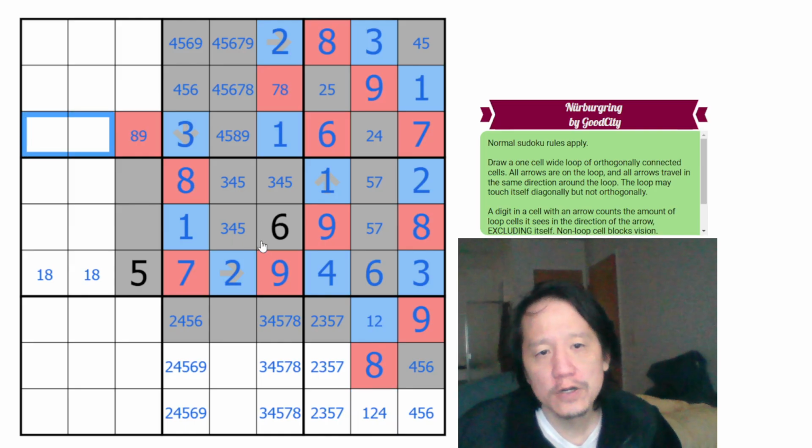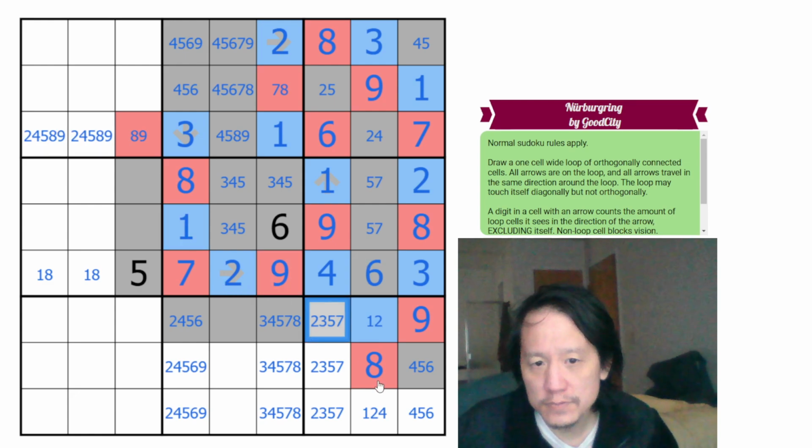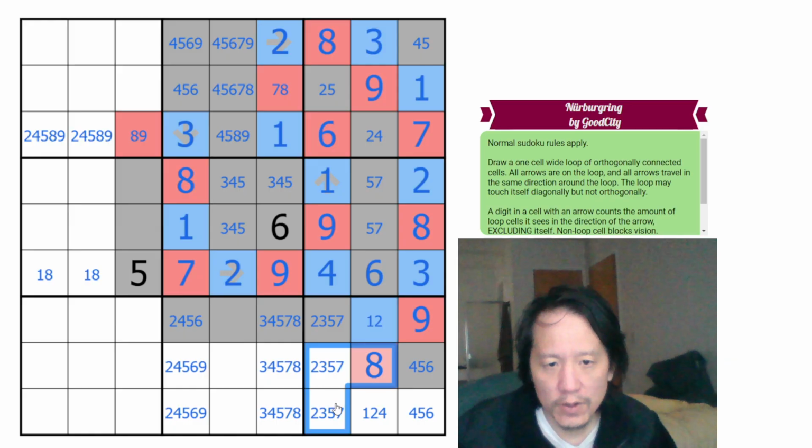These are 2, 4, 5, 8, and 9. Can this ever be high? If this is high on the loop, where is it?